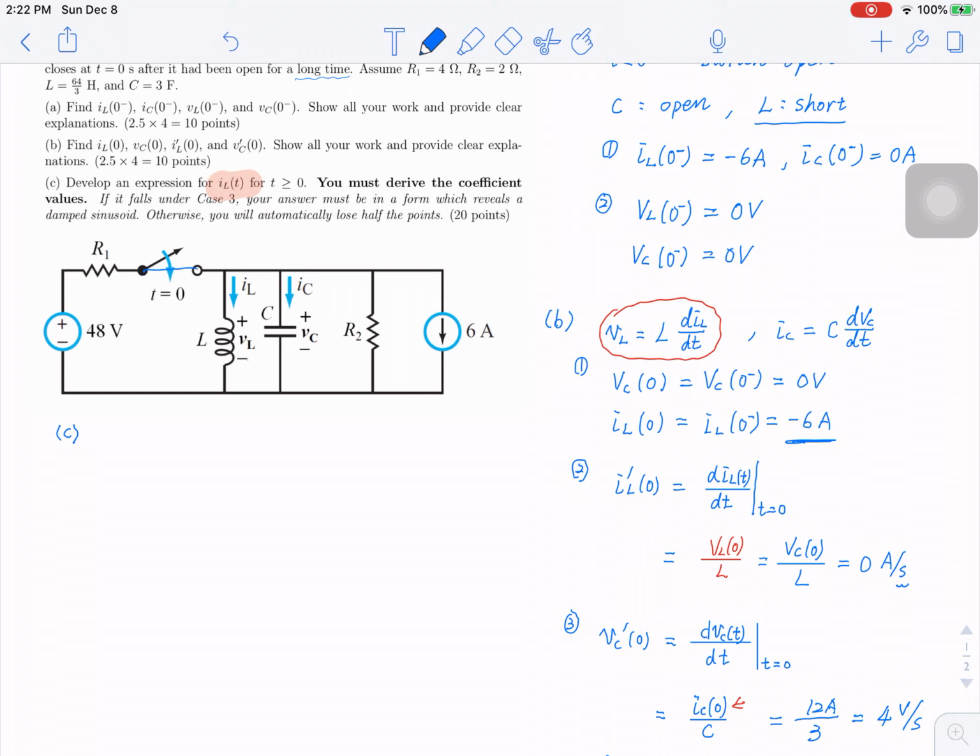Now we close the switch. So again, you can find this by IL plus IR plus IC equal IS.